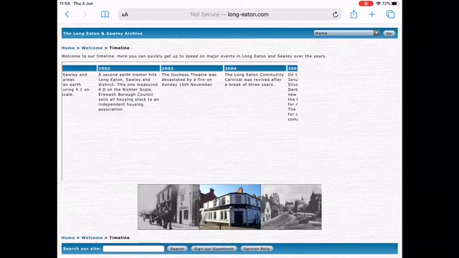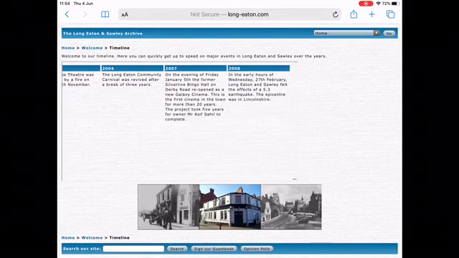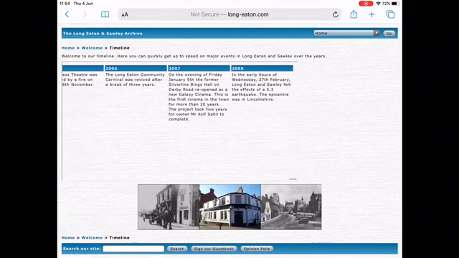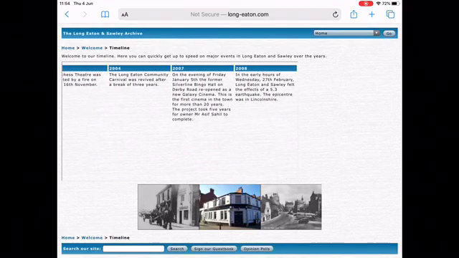I'm sure a few of you have taken part. Now, 2008. A huge earthquake measuring 5.3 on the Richter scale was felt in Long Eaton and Sawley. I remember this earthquake. Your parents will too.